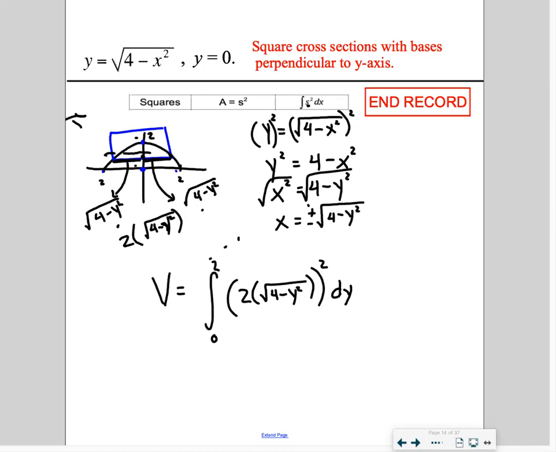And that's what you want to plug in your calculator. Give that a try. I got 64 over 3, so that comes out to 21 and a third.